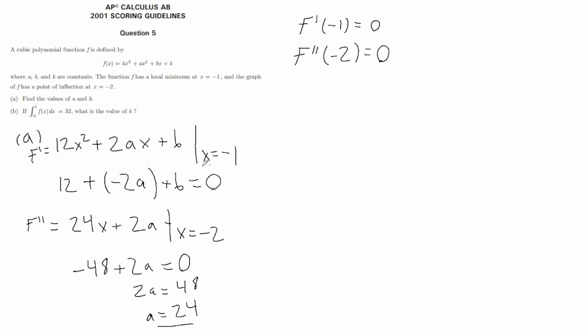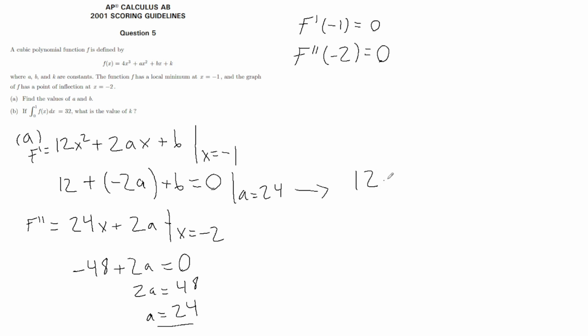Now, we can use this equation for f prime of -1 equals 0, and we can plug in our new value, a, which is 24, to find b. So let's take this and plug in a equals 24, and I'll move it over here.